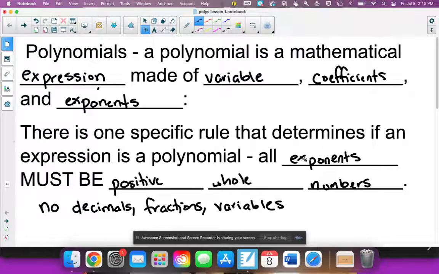If you have any of those things, then this is no longer considered a polynomial and we call it something else. And we'll actually work with some of these later in the semester. But for right now, what you're going to do to make sure something is a polynomial is you're going to check your exponents and make sure that they are all positive whole numbers, period.